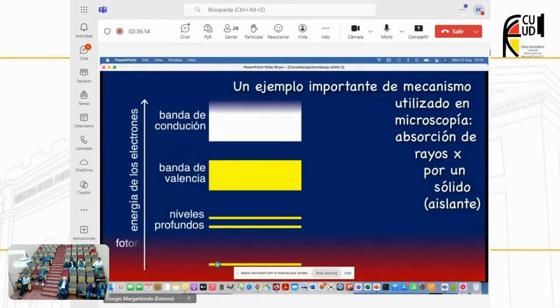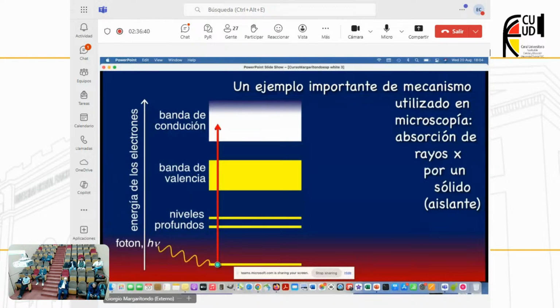Well, this is a photon, and you can have, for example, the excitation of one electron from a core level to the conduction band. Now, you need to have this mechanism because in order to allow the transition, you must start with an occupied electronic state, but you must end up in an empty state.